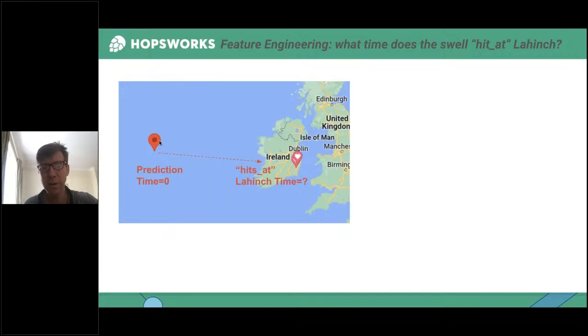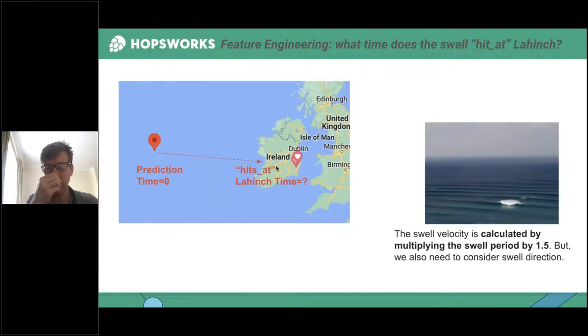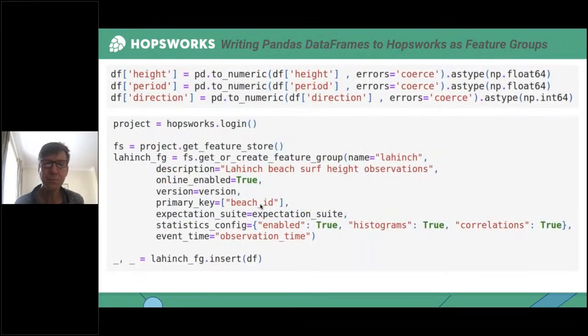We had to pick out the best one for the beach based on the swell window that arrives at that beach. But we also needed to compute or estimate how long it will take the swell to arrive at the beach. So we added a new column called hitsat. Again, it's all in the source code. You can compute that easily enough by multiplying the swell period by 1.5 to get the velocity of the swell.